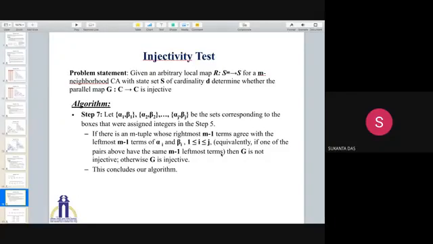Why is it so? What is the implication? Let me explain with this one.